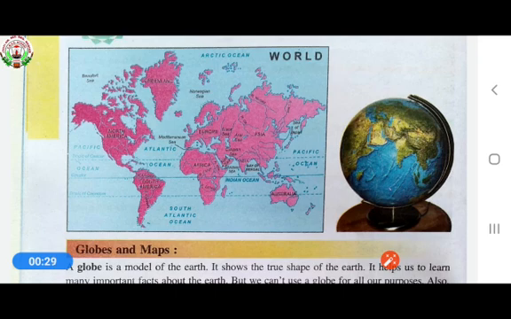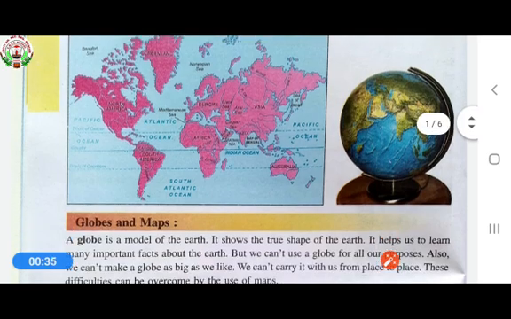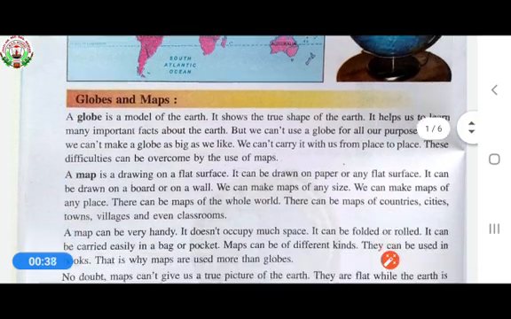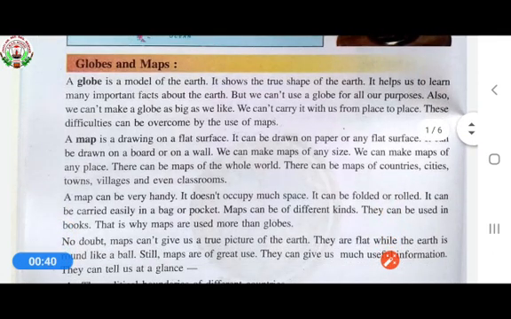But it is a little bit difficult to find the continents and countries in the picture of a globe. So in this chapter, we are going to learn about maps, types of maps, advantages of maps and more details about maps. So let's start with globes and maps.